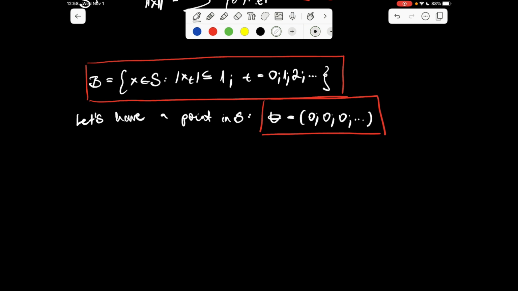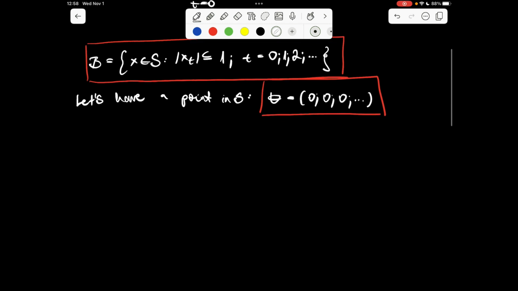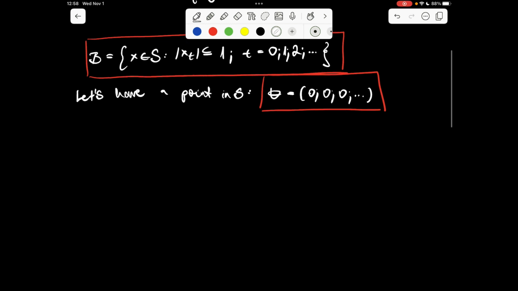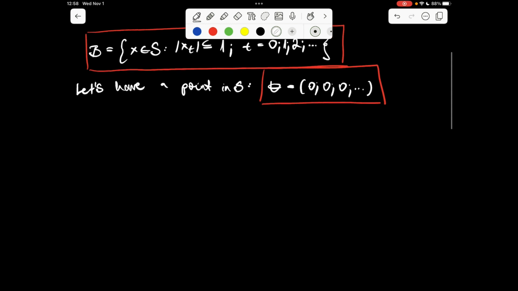How should we do that? If a point is an interior point of a set, then there is a neighborhood, a ball around this point that still lies in the set.